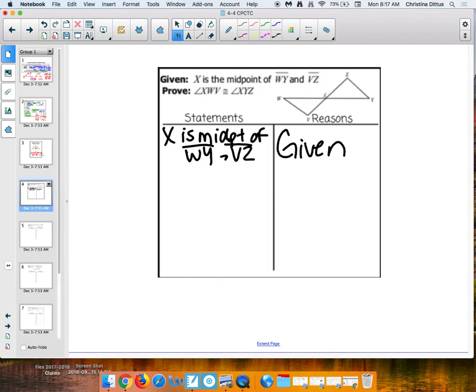What does it mean to be a midpoint of WY? WX and YX are congruent. Perfect. WX is congruent to XY, and why is that? Definition of midpoint.